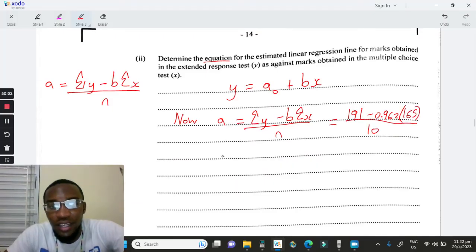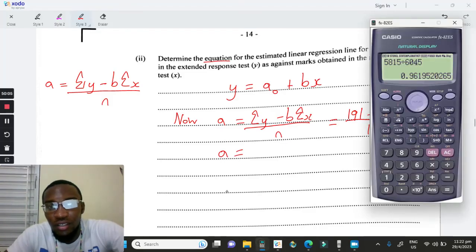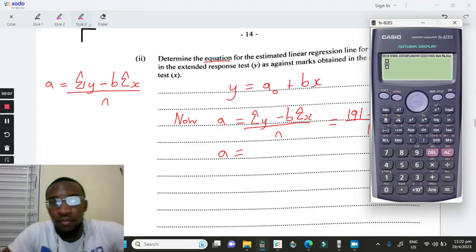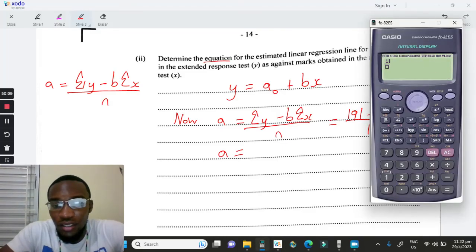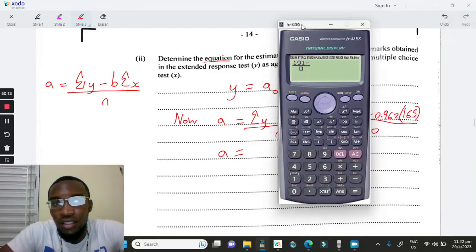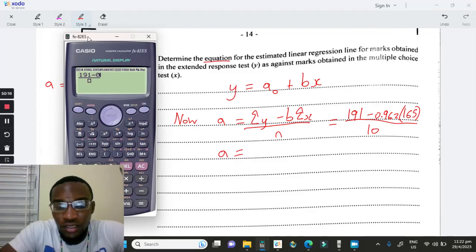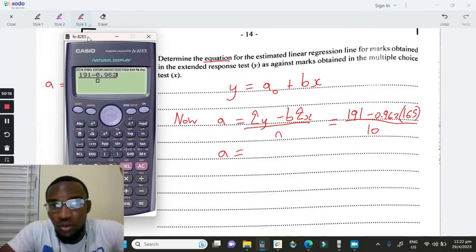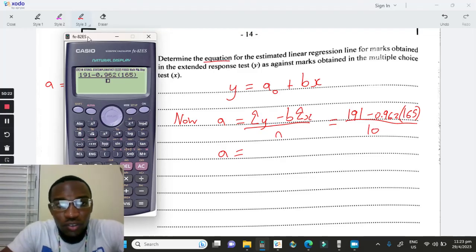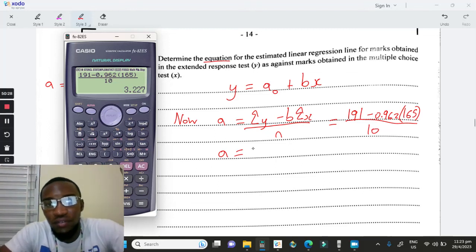I'll put that in the calculator. So a equals, fraction button, 191 minus b, which is 0.962 in bracket, 165 over 10. Put that in the calculator, and what we get is 3.227.